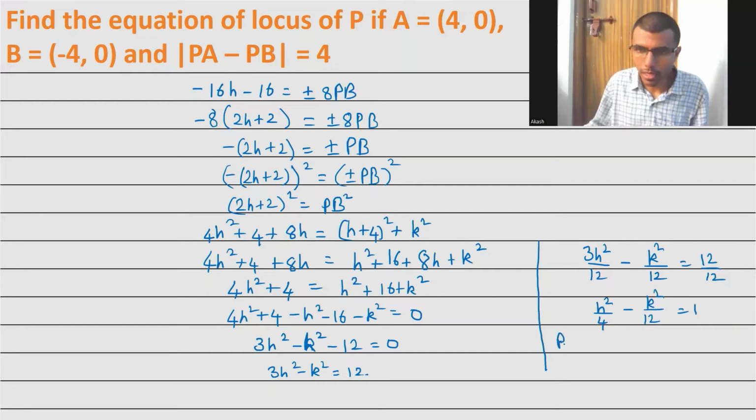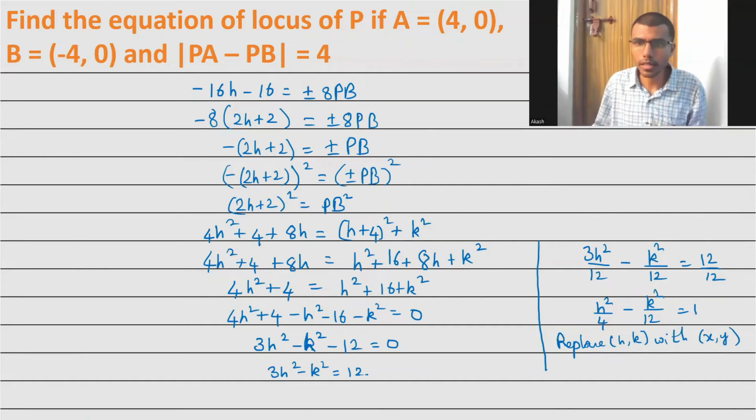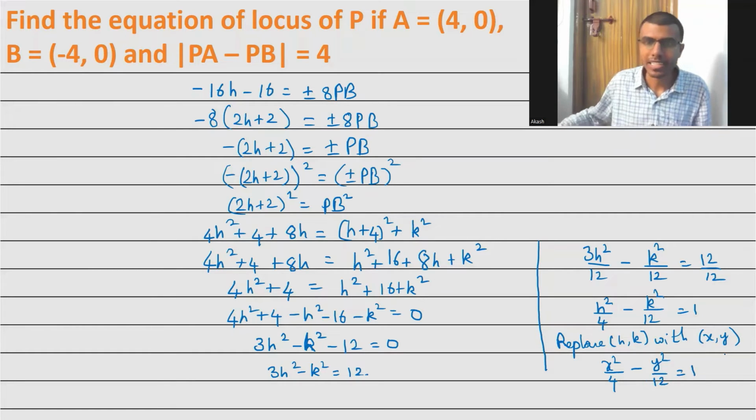Now replace h comma k with x comma y, because in general our equations are in x and y, so that's why I'd get x square by 4 minus y square by 12 is equal to 1. That's it, we are done.